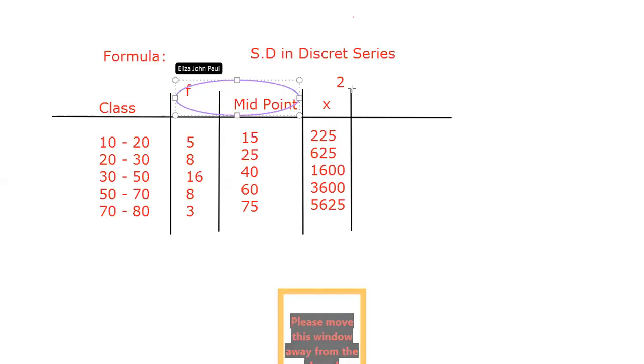We multiply f into x, 5 into 15, and we will get the fx value. Guys, are you all there with me? Now we are going to multiply f into x.